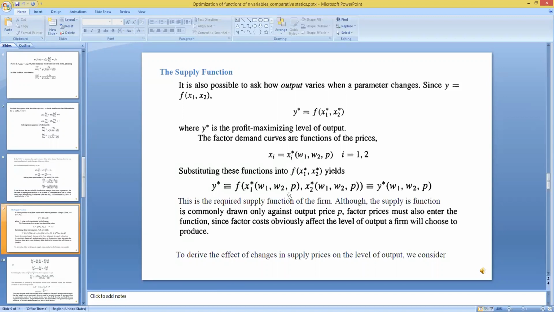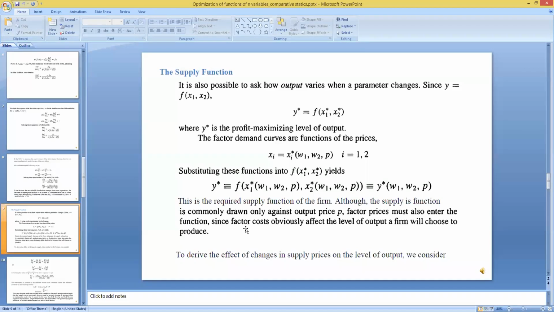So if we put these value functions with parameters, Y star is becoming Y star as a function of W1, W2, and P. So this is the required supply function of the firm.